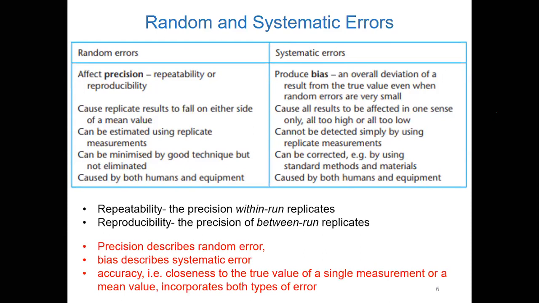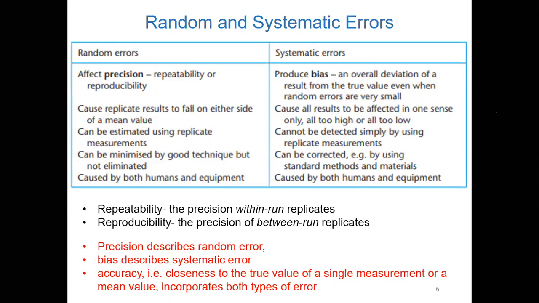Okay, again, precision describes random error, and bias describes systematic error. Accuracy is the closeness to the true value of a single measurement or a mean value. So accuracy means how close the measurement or the mean is to the true value. Accuracy incorporates both types of error.